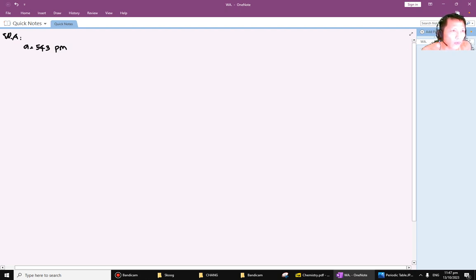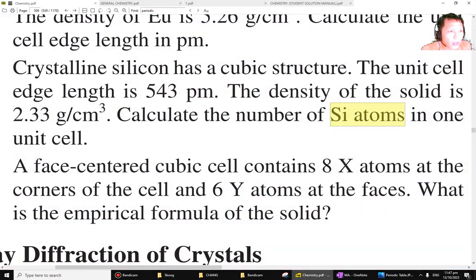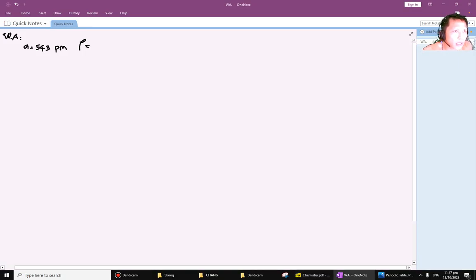And then we're given a density. Usually density is notated as rho in general chemistry and even physics. Rho is for density, and the density of silicon is 2.33 grams per cubic centimeter. So the question is how many atoms?